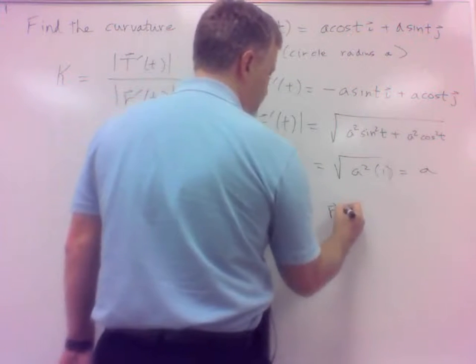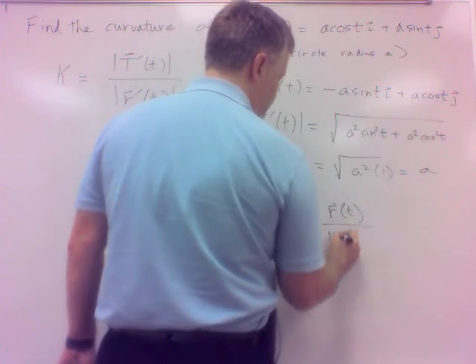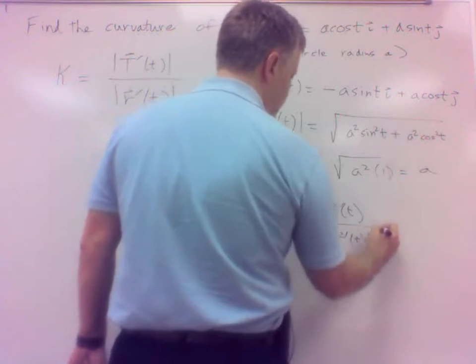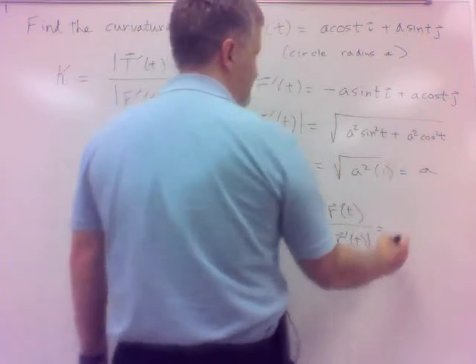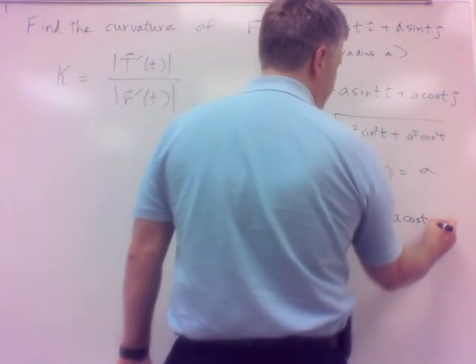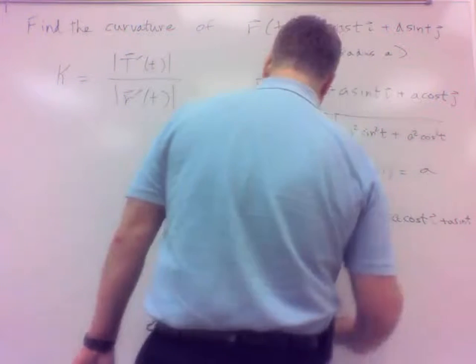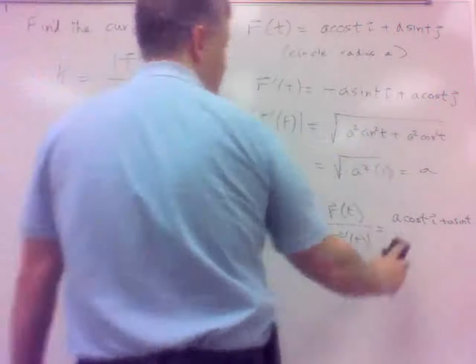It's the derivative vector divided by the magnitude of the derivative vector. Yes. That would be a cosine t i plus a sine t j. Whoops. Sorry.